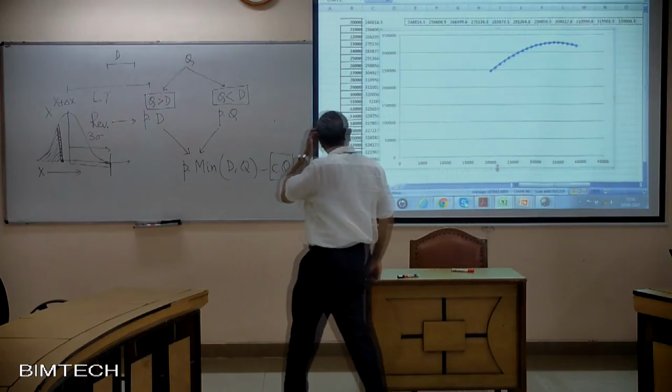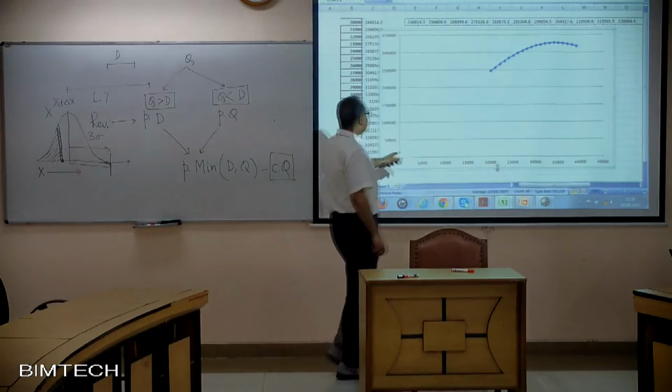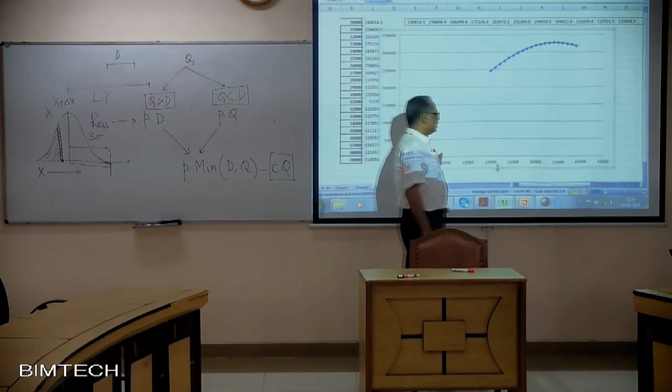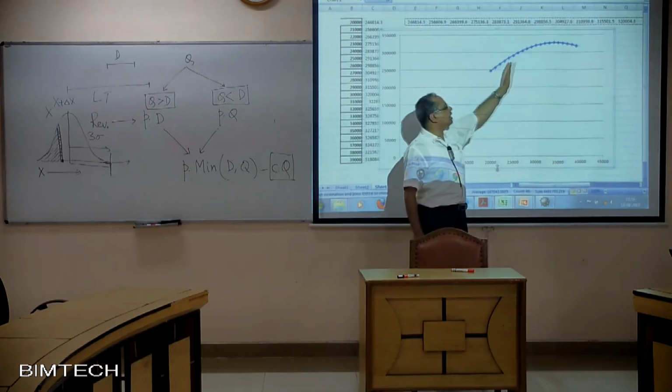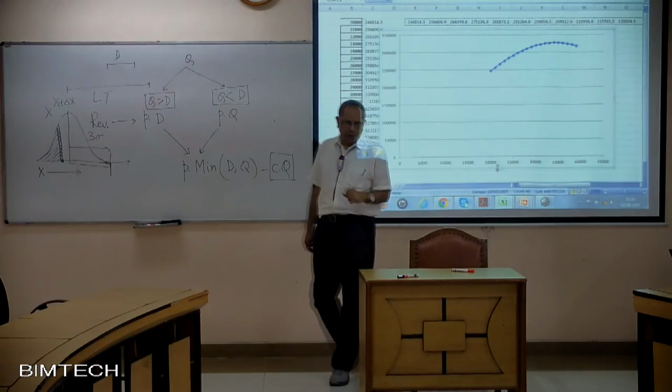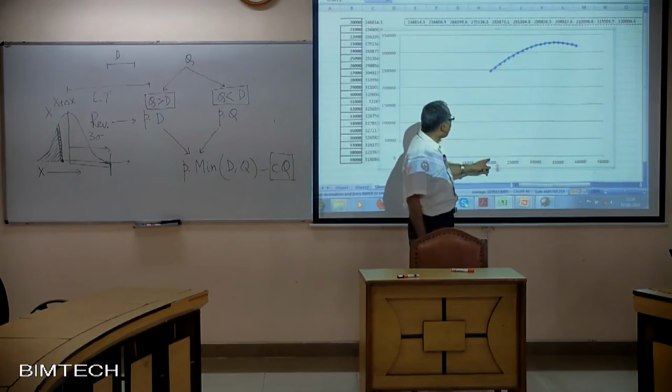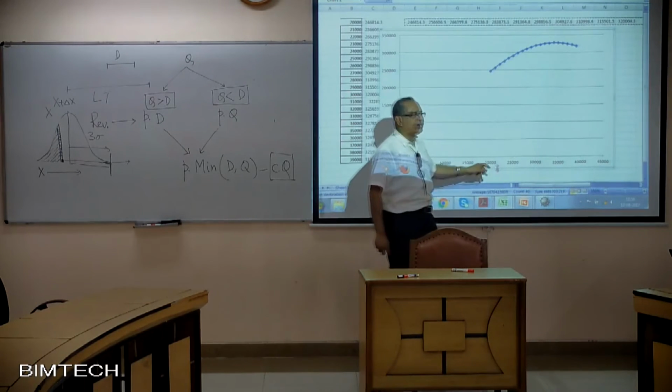And ideally the graph would have been something like this, almost like a parabola, but we see only a part of that parabolic graph, because our order quantity started at 20,000.